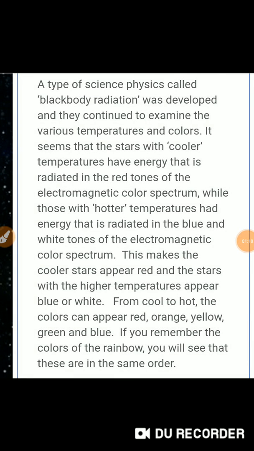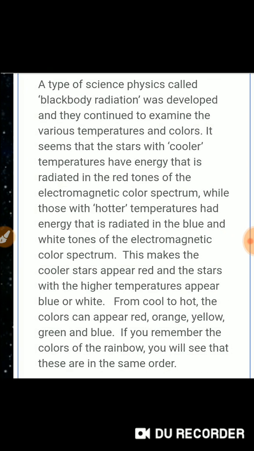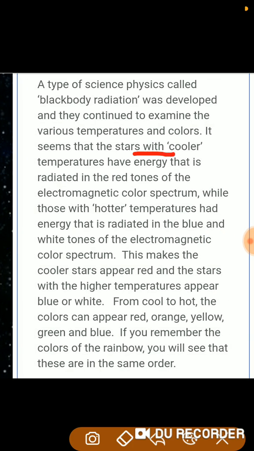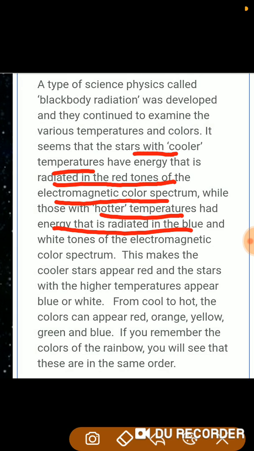See, I have taken this article from the net. In this article you can see that stars whose temperature is cooler have energy that is radiated in the red tones of the electromagnetic spectrum, while those with hotter temperatures have energy that is radiated in the blue and white tones of the electromagnetic color spectrum.